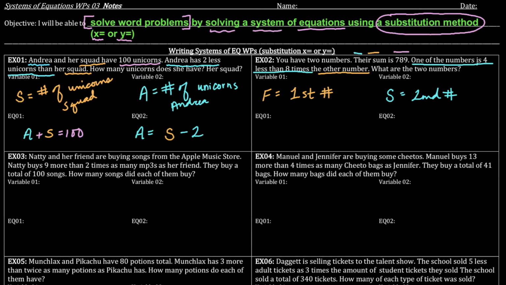So that means that if you take the first number and then you add the second number, you will get 789.